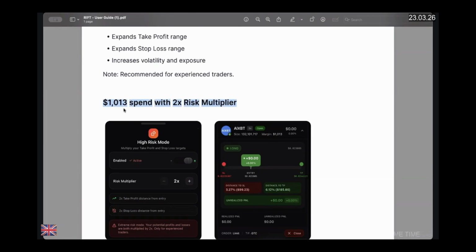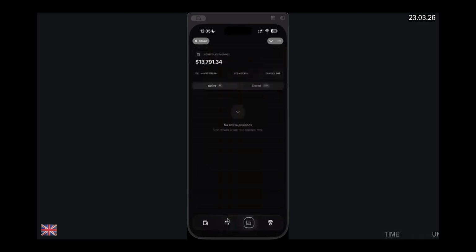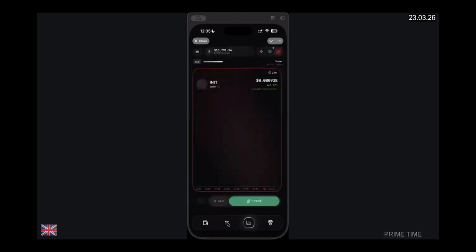We see $1,013 spent with no risk multiplier and we see how much profit. So today I made like $3,000 while playing with Rift casually.